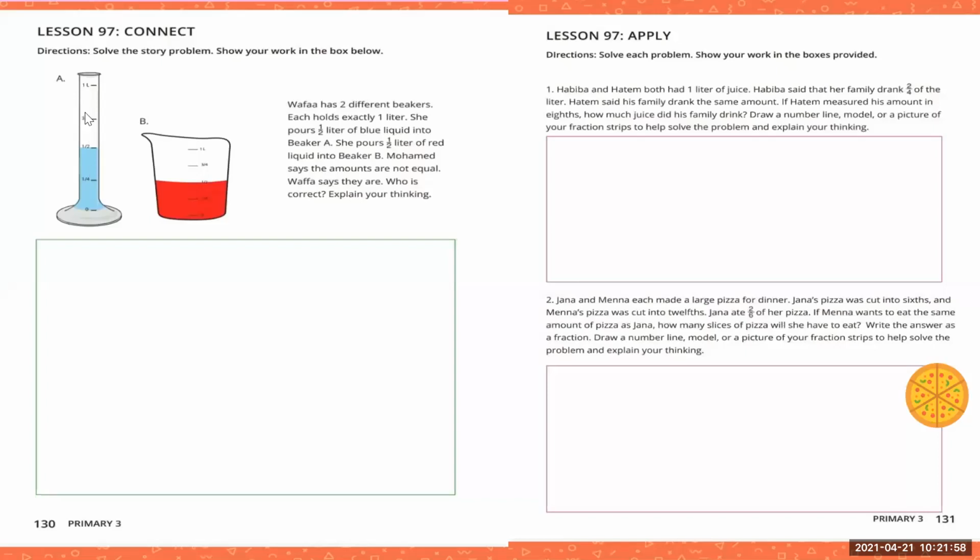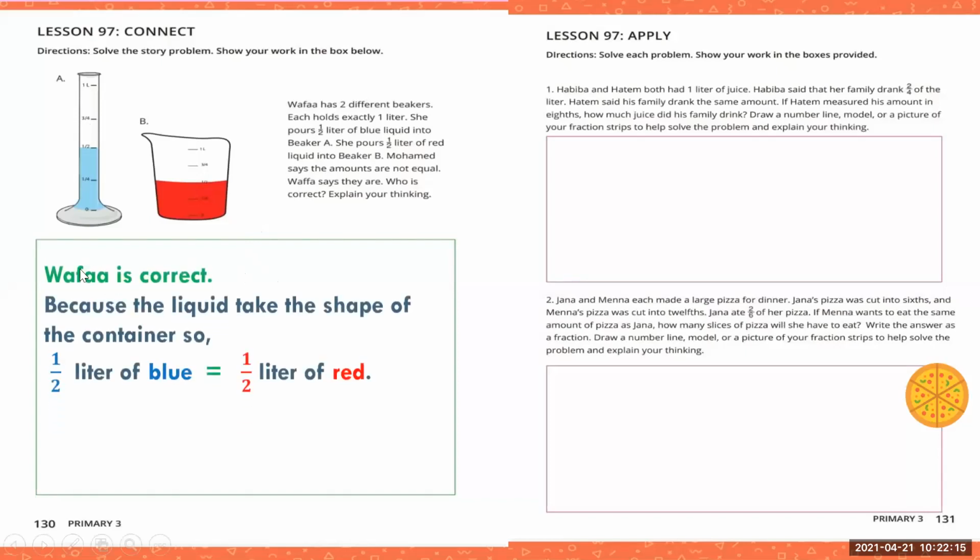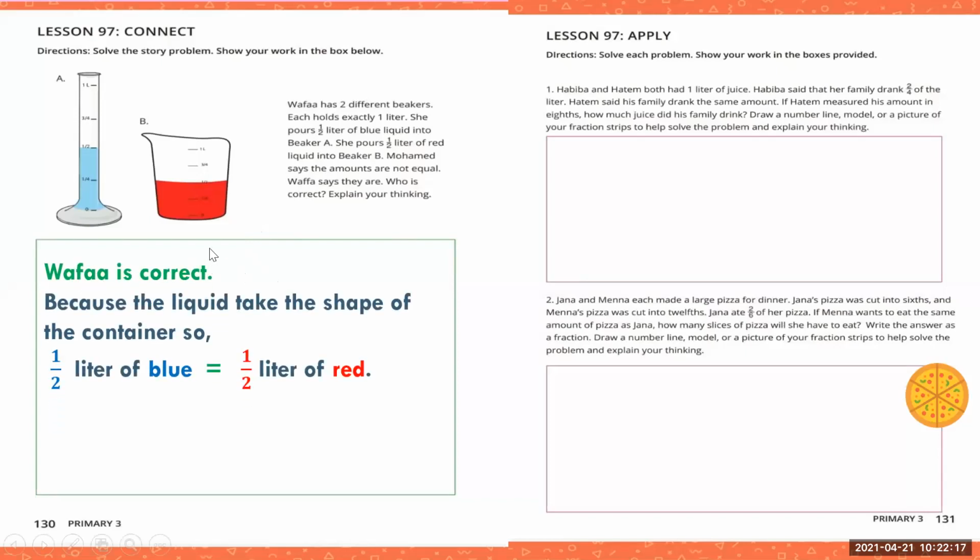Okay, here in container A, or in beaker A, we have half liter, and here half liter. Okay, focus with me. Wafa is correct. They are equal. Why?